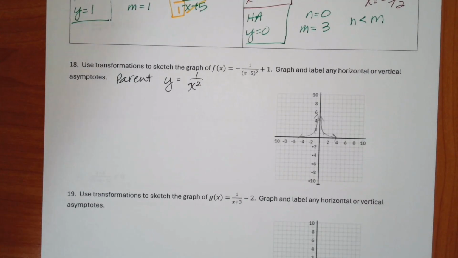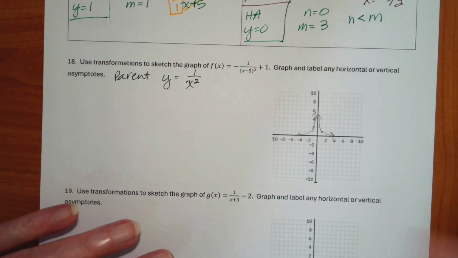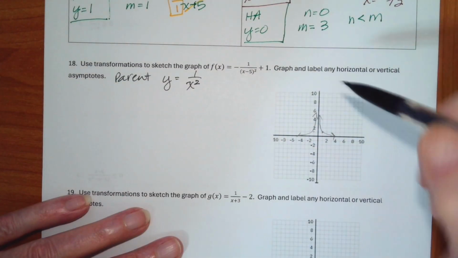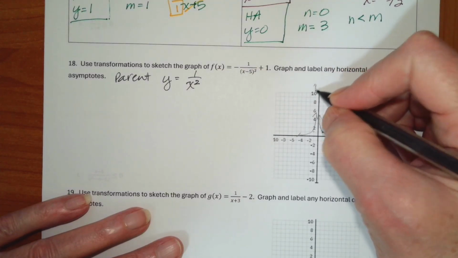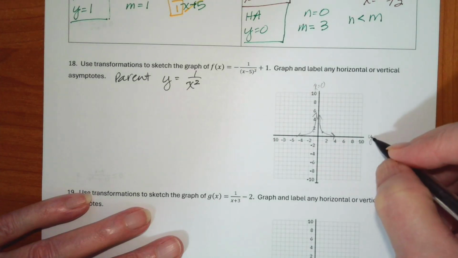Okay, so here's what we have to think about: what are our transformations? And remember, what I'm going to transform here are my asymptotes. So I have a vertical asymptote at x equals 0 and a horizontal asymptote at y equals 0.